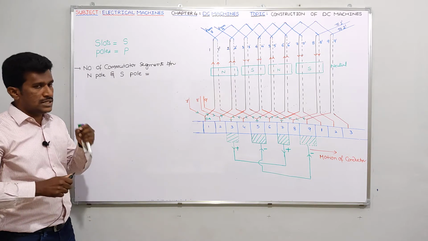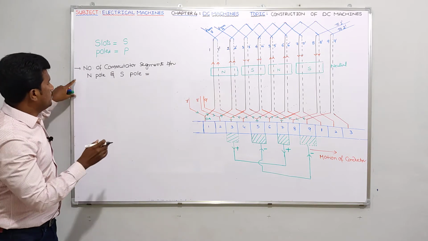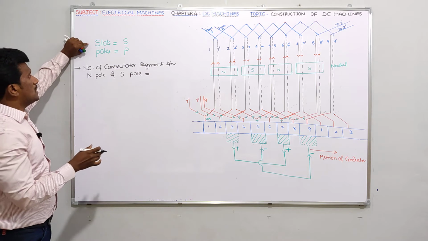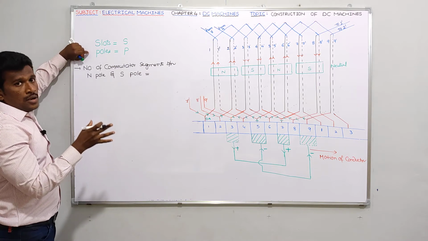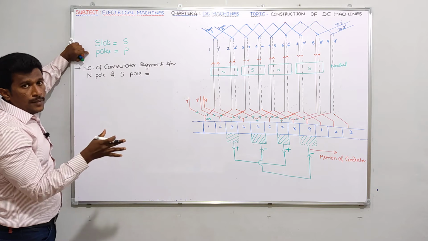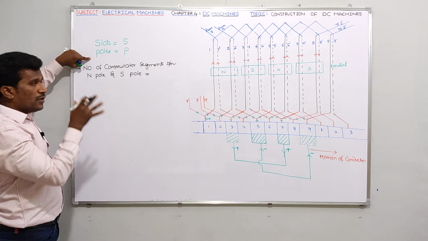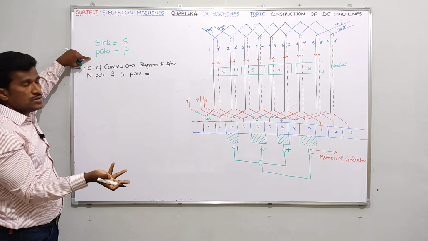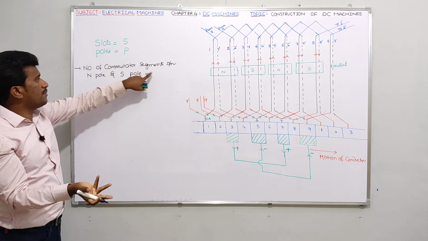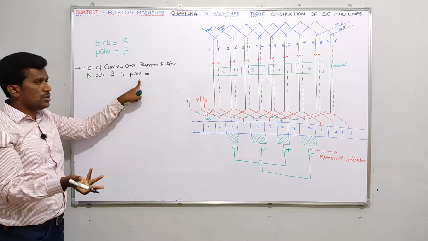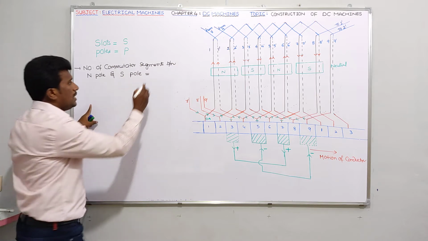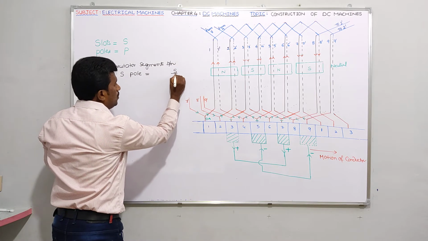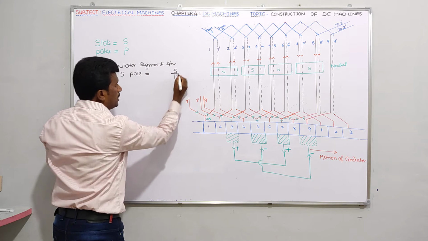Suppose total slots is S and total poles is P. If one pole is a north pole, another pole will be a south pole, that everybody knows. So the number of commutator segments between north pole and south pole is simply slots per pole only, no? Slots per pole only.